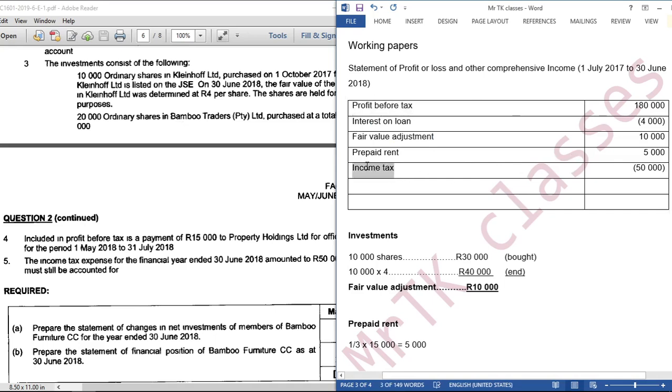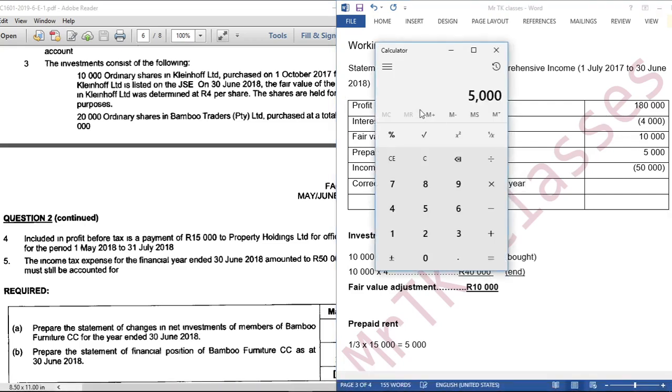It is because the tax was not subtracted. So now let us say our corrected comprehensive income for the year.